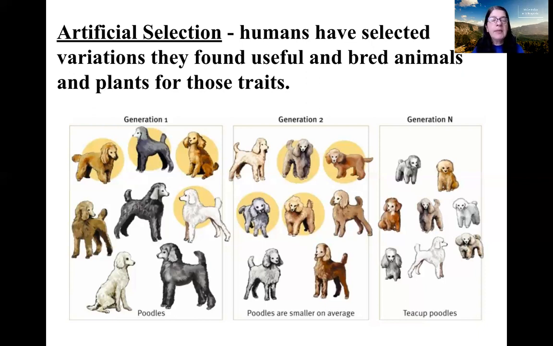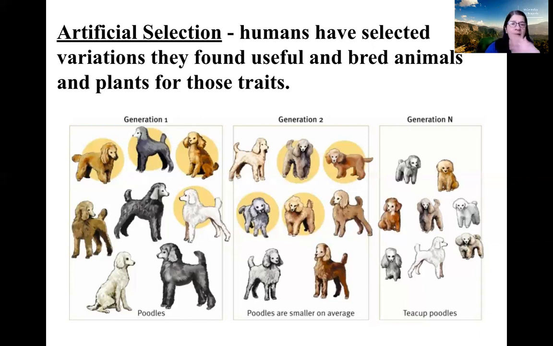And now you can see that because size is a heritable trait, they'll select only the poodles in generation two that have a certain size, breed them, and eventually, many generations later, generation N, all the offspring will be tiny little poodle dogs, which are called teacup poodles, okay?